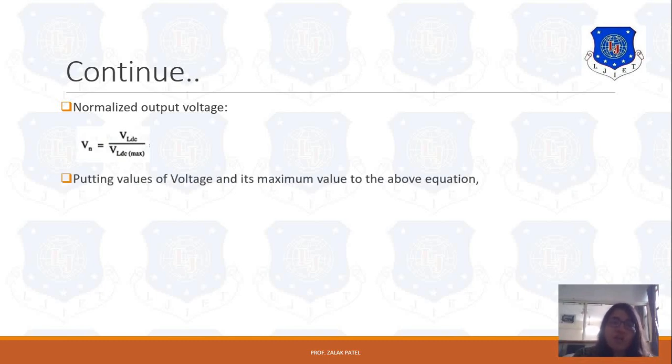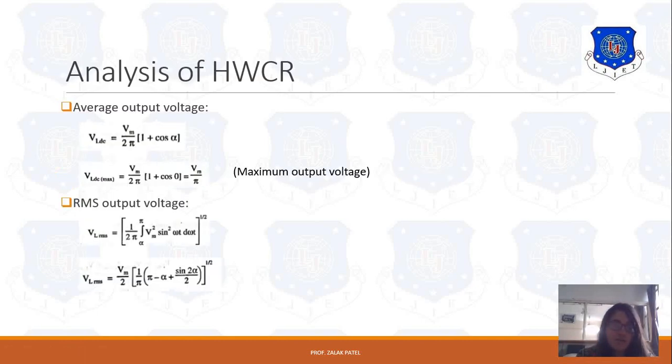Now if we put all the values in the above equation, it will be like this. We take the values of VLDC and VLDC maximum from the previous slide: VLDC is Vm upon 2 pi into 1 plus cos alpha, and the maximum value is Vm upon pi.